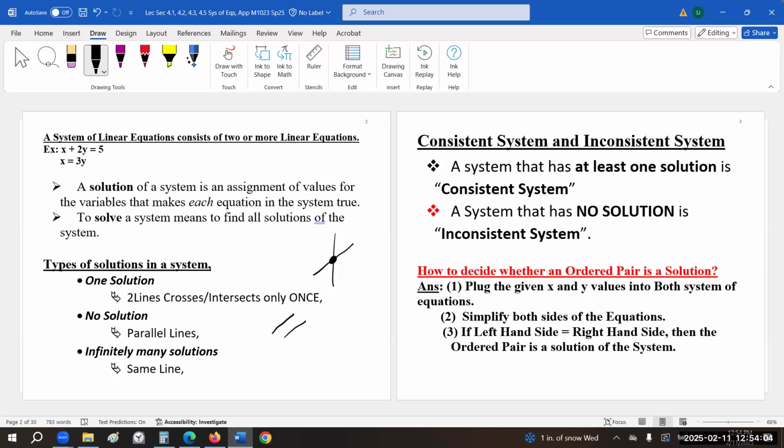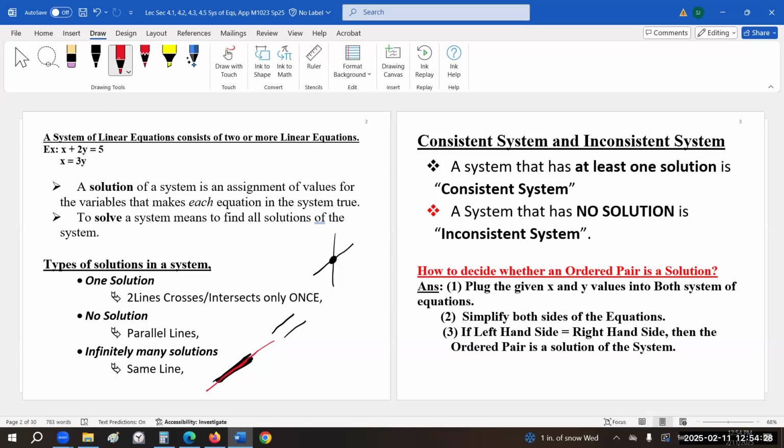And then we have the third scenario. The 2 lines we are working with are the exact same line, but they just look different. So one line and second line, they are the same lines. One could be a multiple of the other line.